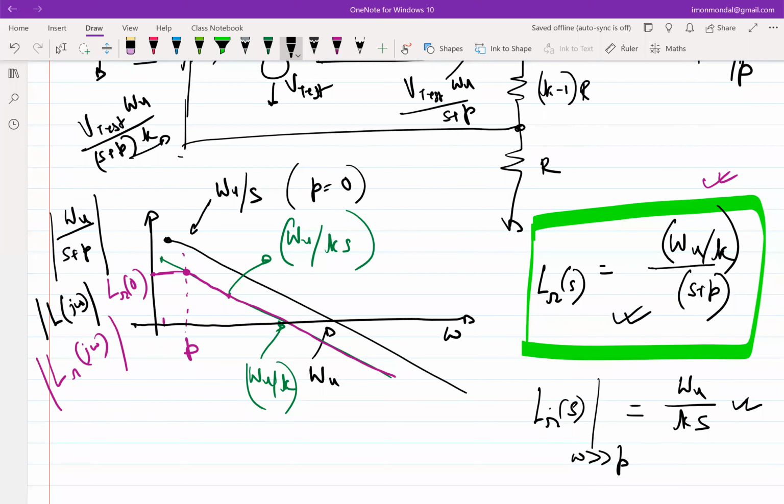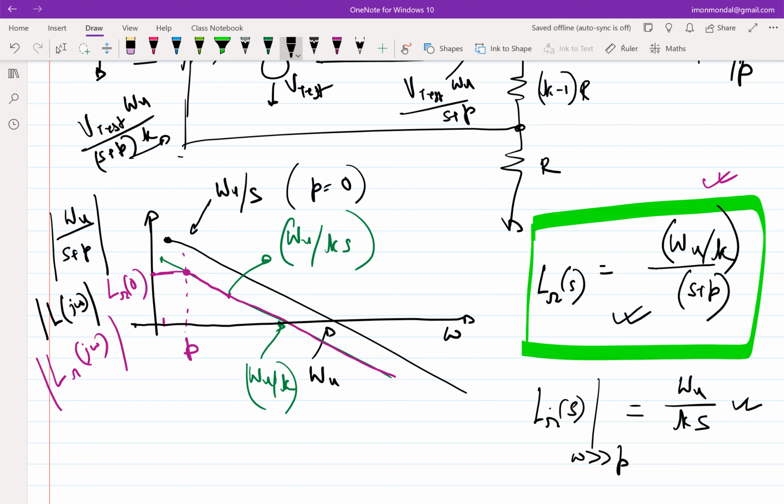Okay, so this tells us a couple of things. One is that if we are operating at frequencies above P, I can assume my system to be an ideal integrator. I don't have to bother about P if I am operating at frequencies above P. However, the system starts to deviate at frequencies below P. Fortunately, at frequencies below P, by Bode approximation, it's flat, so I can get rid of all the S terms.